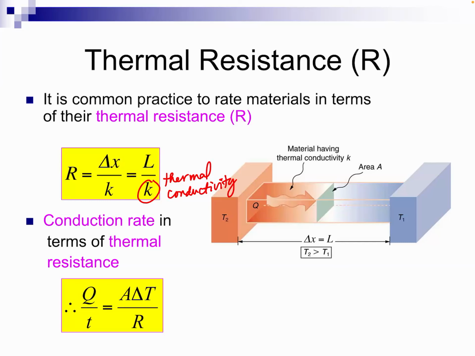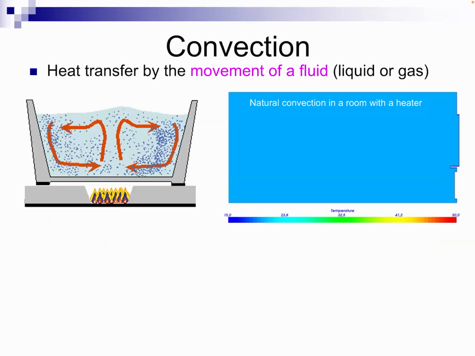Good. All right. So heat transfer by convection is the kind of heat transfer that involves the mass movement of fluids, of liquid or gas, the particles or molecules making up the liquid or gas. Remember that in conduction, the object does not really move. It's just the vibration of the atoms inside the object.